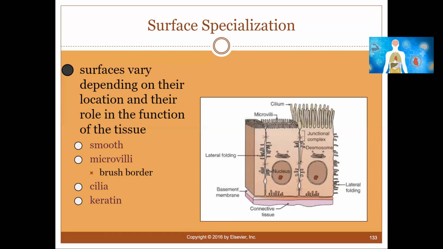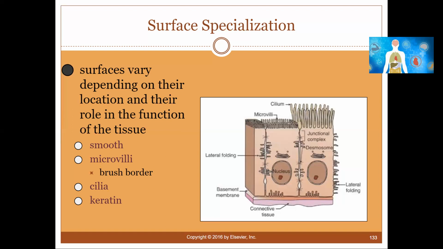What we do is we put one of these in front of squamous. So it's either simple squamous or stratified squamous. Simple squamous would be one flat layer of epithelium. Simple, one; squamous, flat.